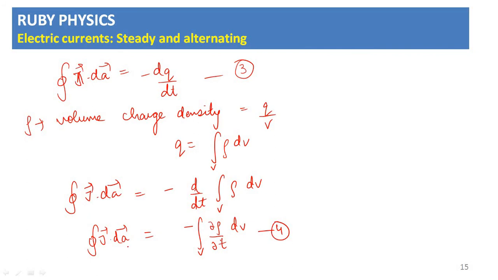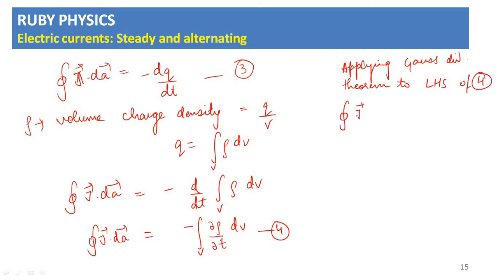Now we apply the Gauss divergence theorem to the left hand side of equation 4. We get that the integral of J dot dA is equal to the integral of del dot J dV.